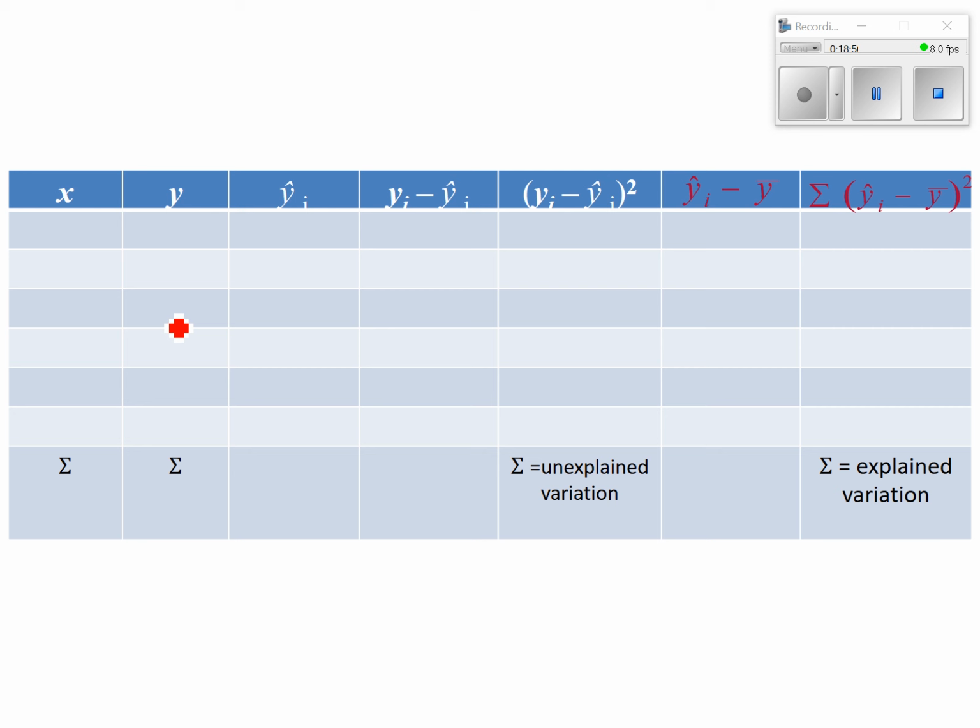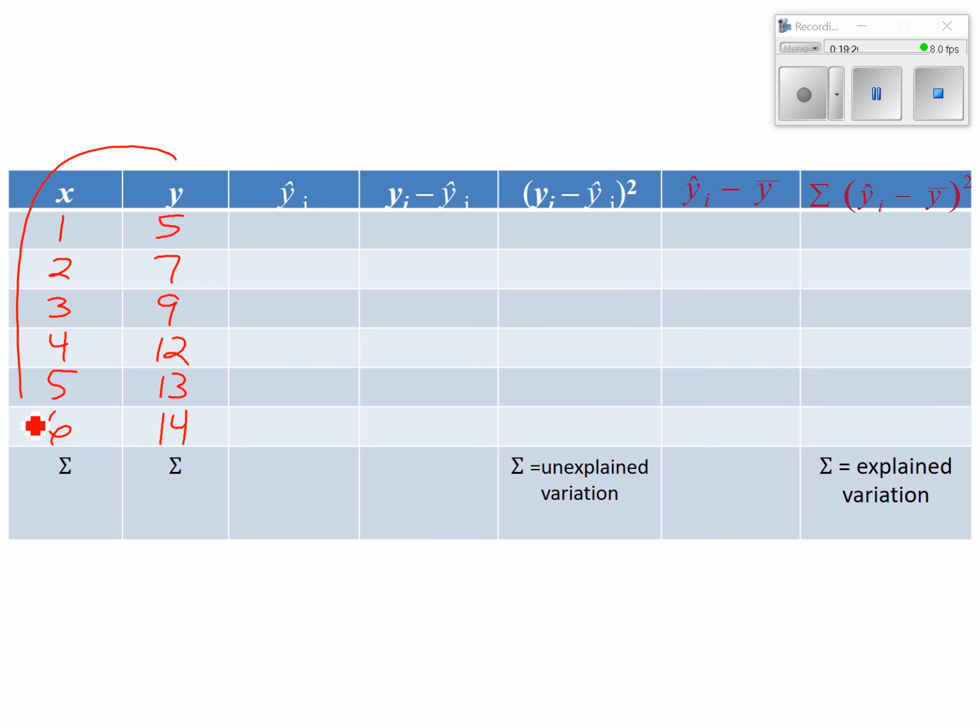We can use this chart. We put our X's in here, whatever our X's are, and we have Y values that we were given from our collected data. I'm just making up numbers here, those don't make a whole lot of difference.